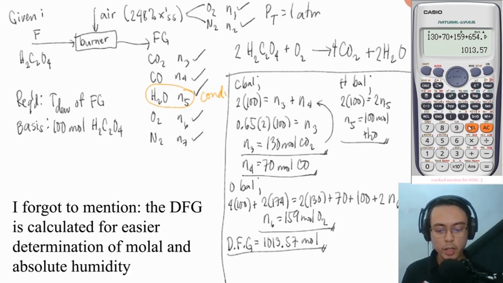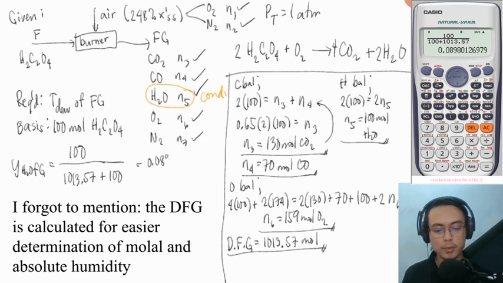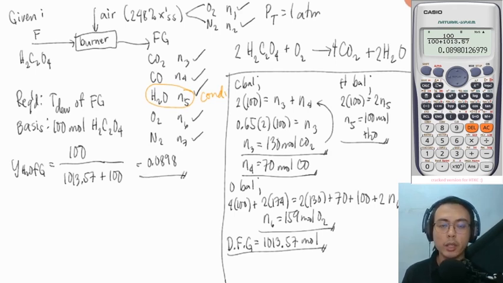Okay, what is the mole fraction of water in the flue gas? That is 100 moles of water over the dry flue gas, 1013.57 plus 100. So 100 over 100 plus 1013.57, 0.0898. Next, how do we get the dew point temperature?